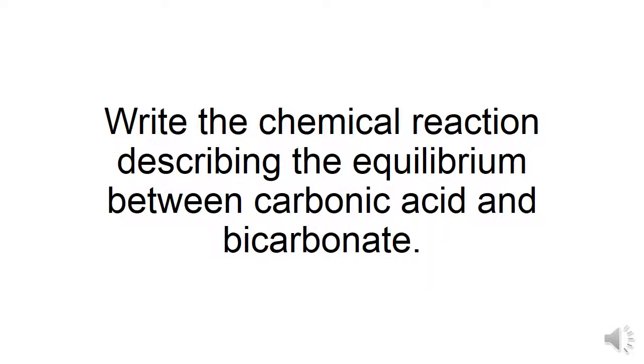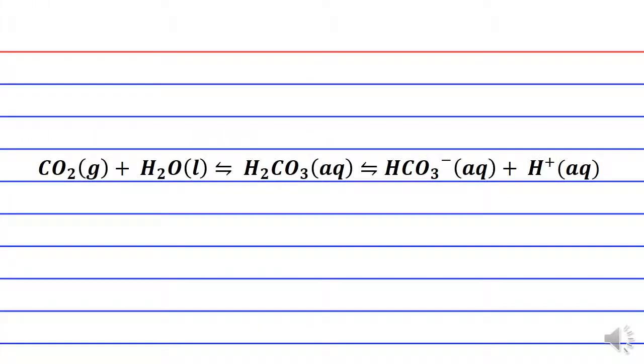Write the chemical equation describing the equilibrium between carbonic acid and bicarbonate. This is one of the most famous biochemical reactions discussed in science as it relates to the human body. First you start out with gaseous CO2 and liquid phase water.